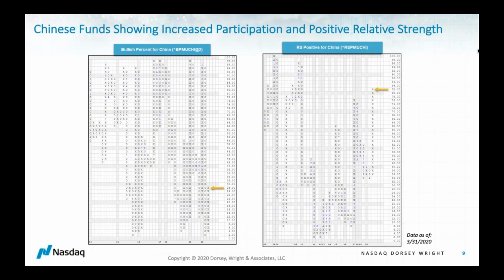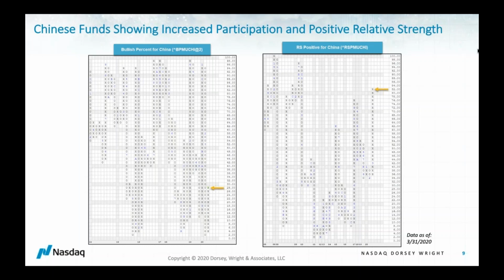But what we've seen over the last few weeks is this indicator did reverse higher, up off of that low at 2%, to currently sit at 28% of Chinese equity funds in our system on a current point and figure buy signal. So more and more funds are adding to that positive movement that we've seen from Chinese equities that's holding that group up higher.